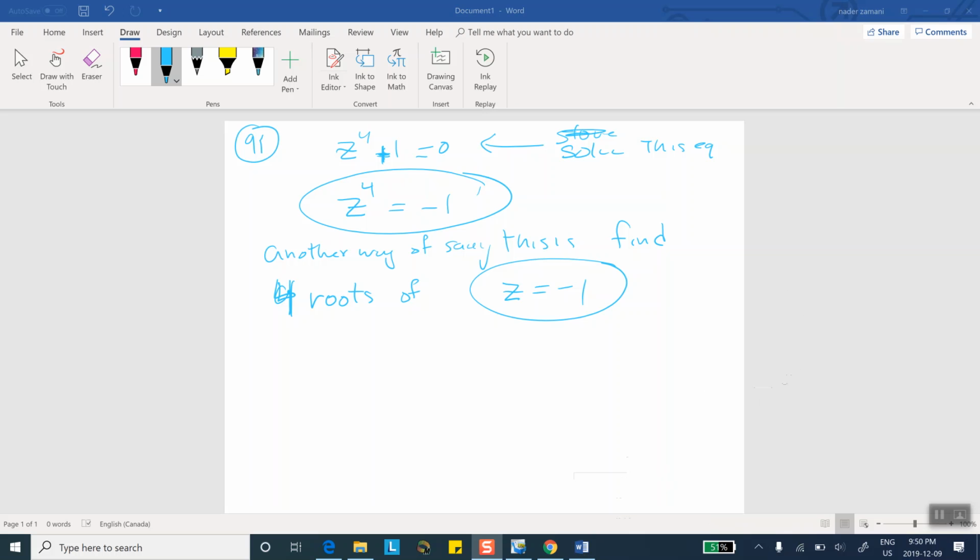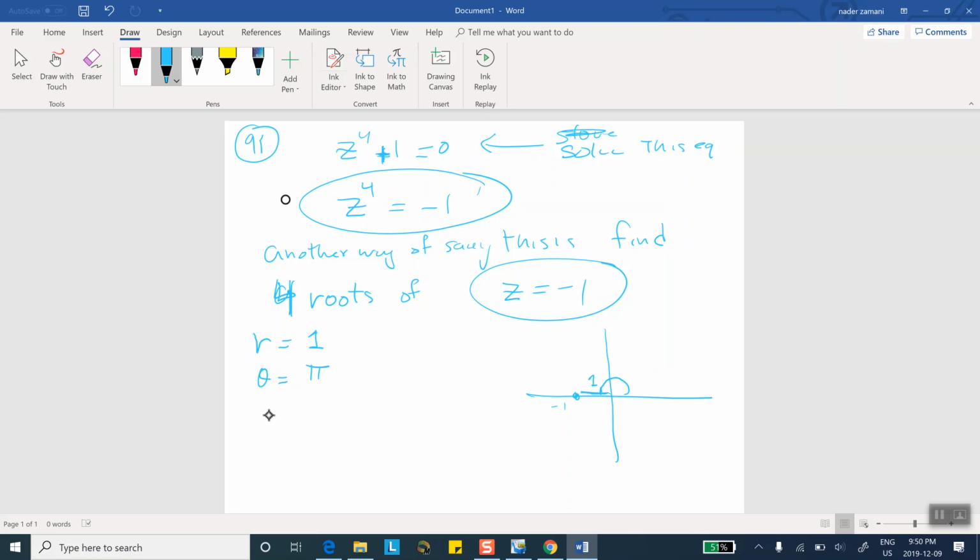Okay, so the trick was to write this thing in polar form. So where is z equal to -1? It's going to be somewhere here. Let's break it down. The polar form is that distance, which is 1, and there is the argument. So the modulus is 1, and angle theta is pi, right?